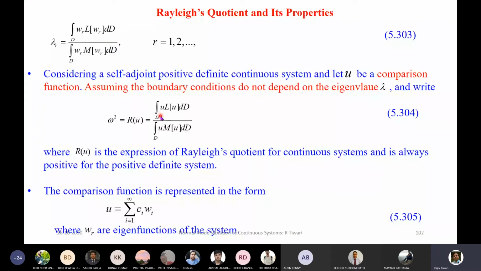In place of wr, we are writing the comparison function u, which is an approximate eigenfunction. Obviously, if it is approximate, the ratio will not be equal to the eigenvalue, but that ratio we call the Rayleigh quotient for continuous systems, and its value is equal to the square of the approximate natural frequency.